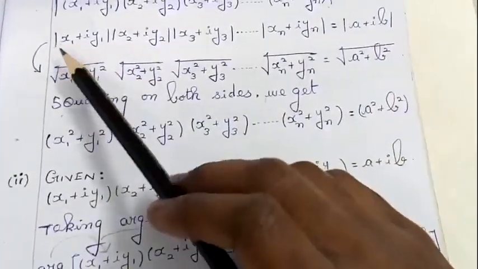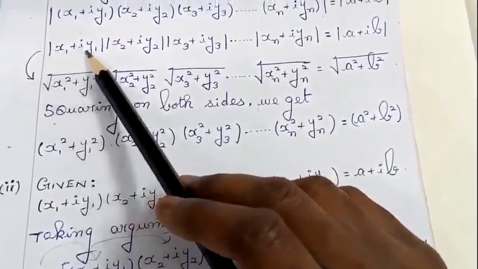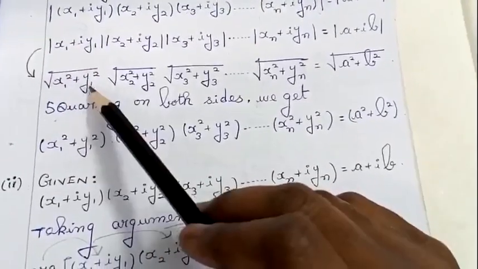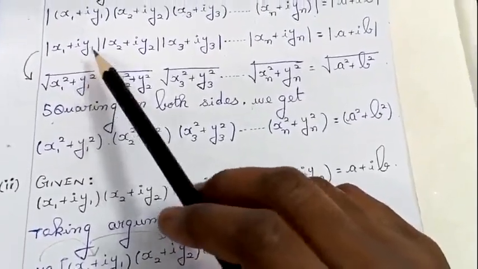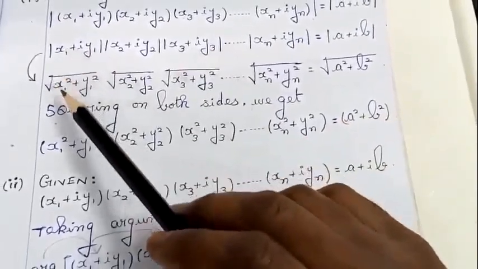The formula we are using for the modulus of a real part plus imaginary part is root of the real part whole square plus the imaginary part whole square. So, for each complex number modulus, I am going to take the square root.